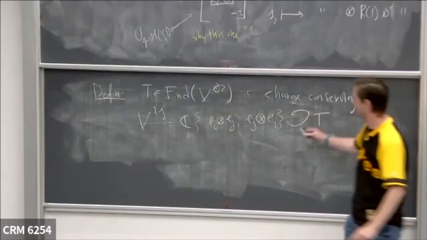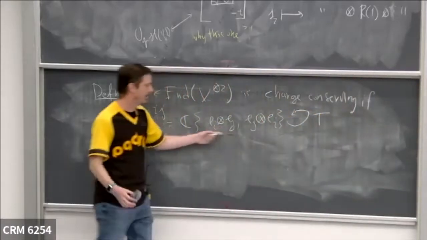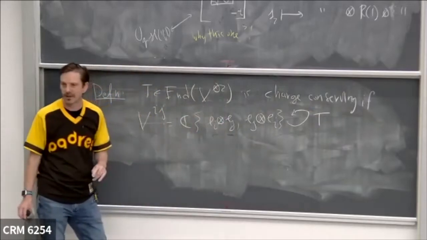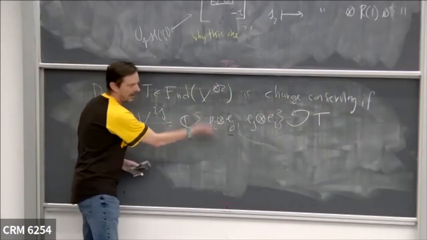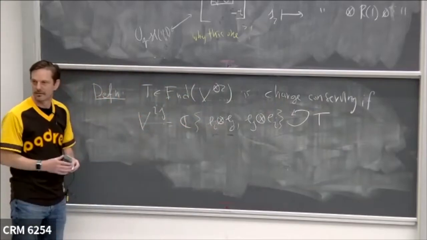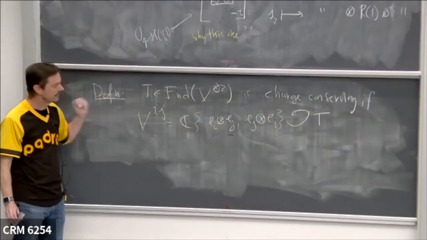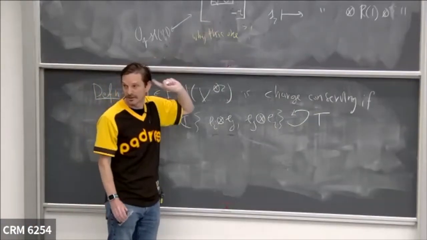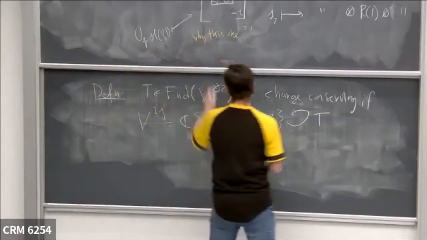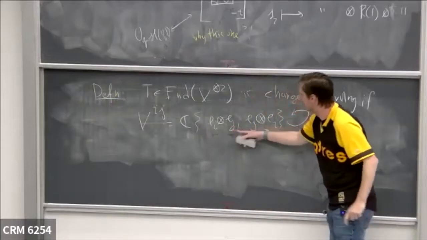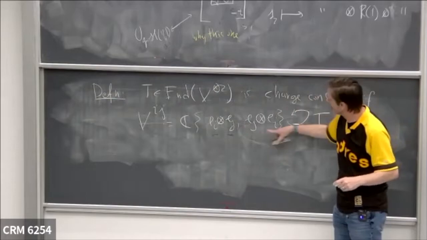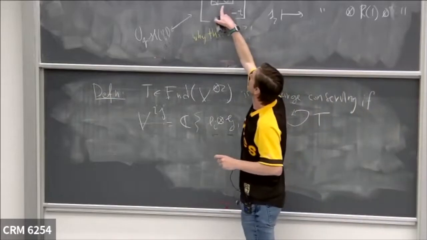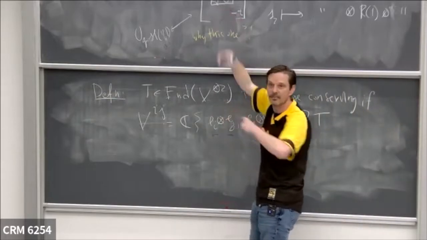So you're thinking of i plus j as being the charge. There's a good reason to think of it in this way, going back to that idea. Notice this one is charge conserving because e_0 tensor e_1 and e_1 tensor e_0, that's this little matrix here, is just moving that part around.